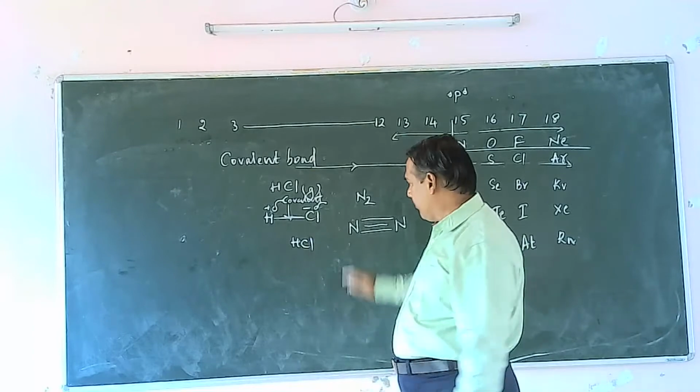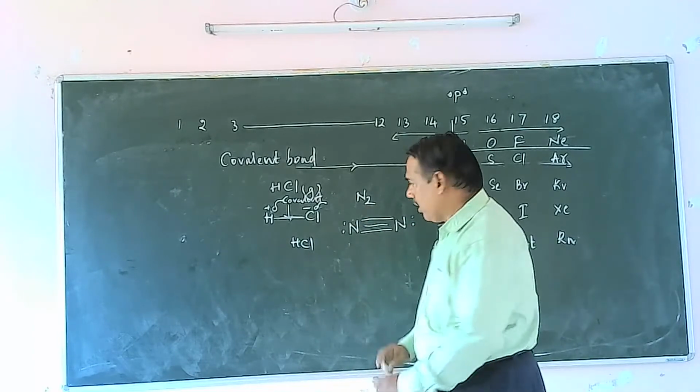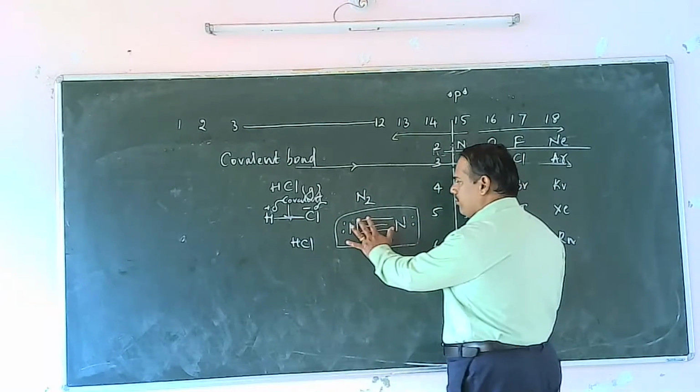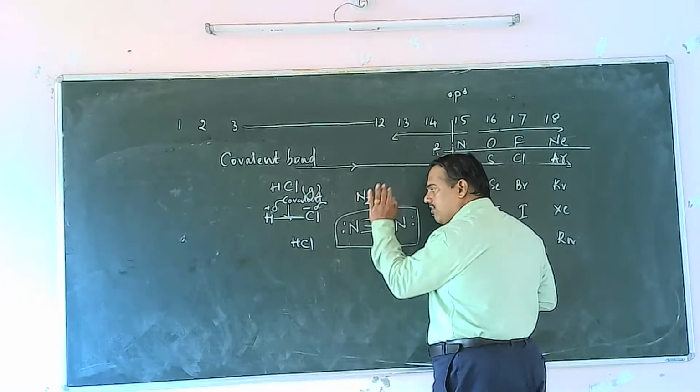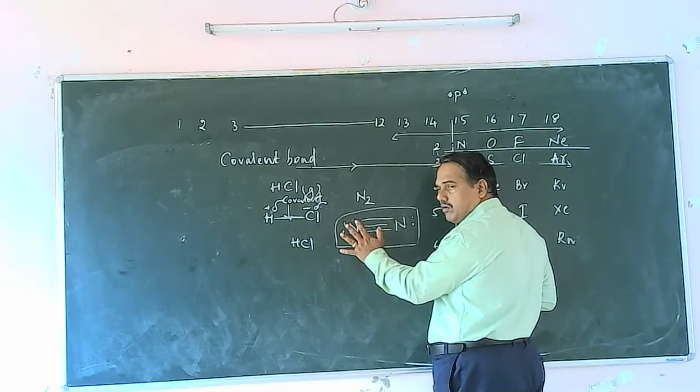We have 5 valence electrons. So this is nothing but a nitrogen molecule, where the electron distribution in both atoms is similar because electronegativity is the same.